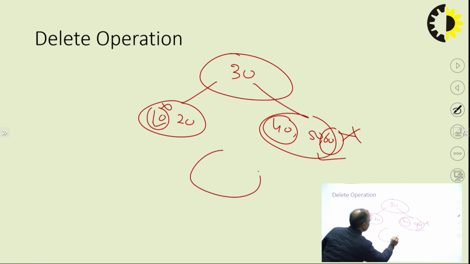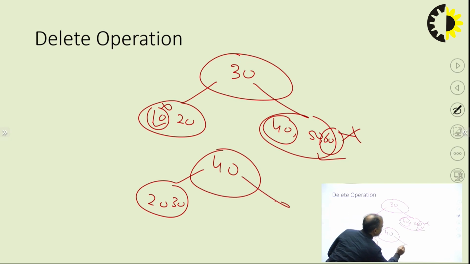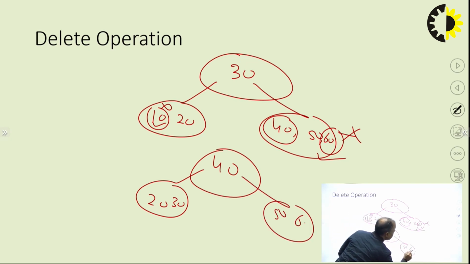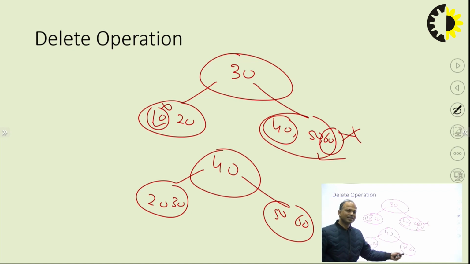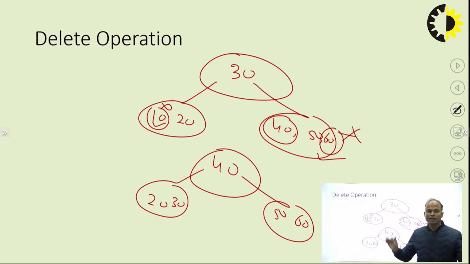So our structure will be like this: 20, 30, 50 and 60. In this way, we see that we have two keys here, which is our permissible number. So in this way we can delete this particular key from our B tree. This is the way to perform the delete operation.